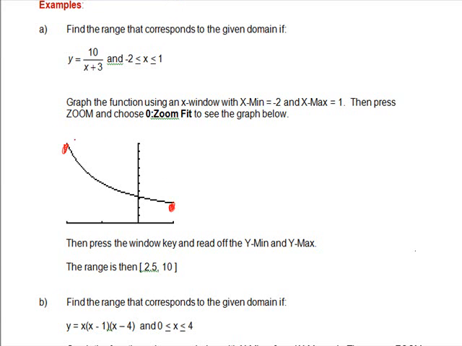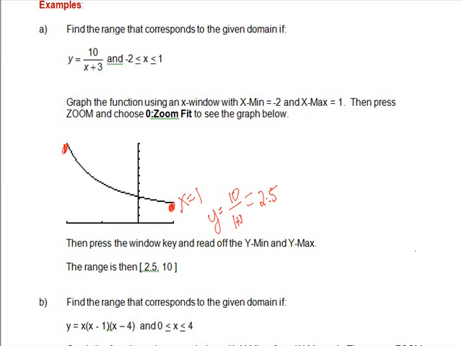So it's relatively easy because the bottom y is actually when I'm at the far right, so that's happening when x is 1. If I do that, y is then 10 divided by 1 plus 3, which is 10 over 4, or 2.5.